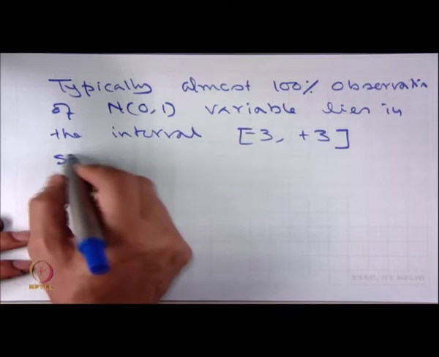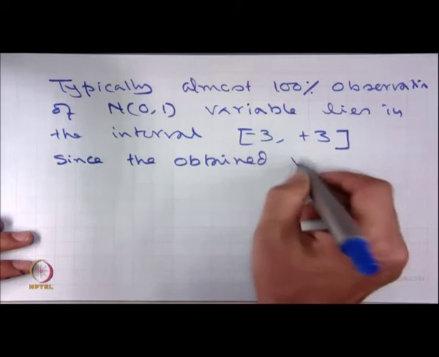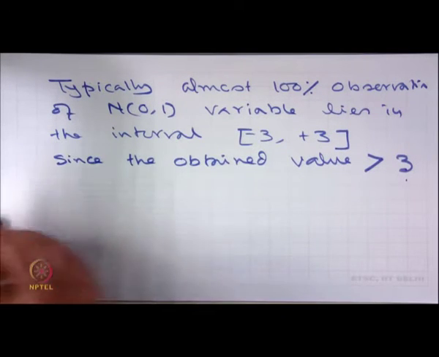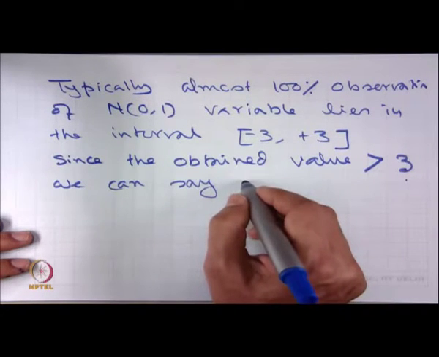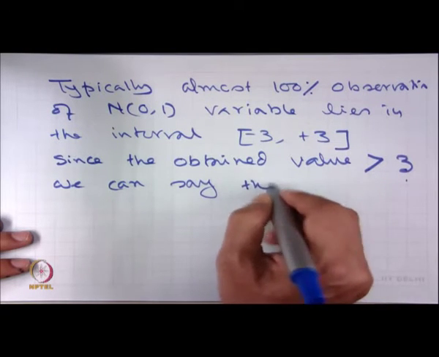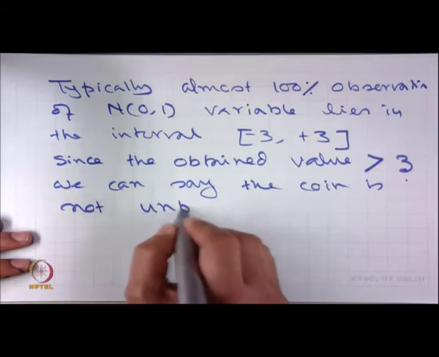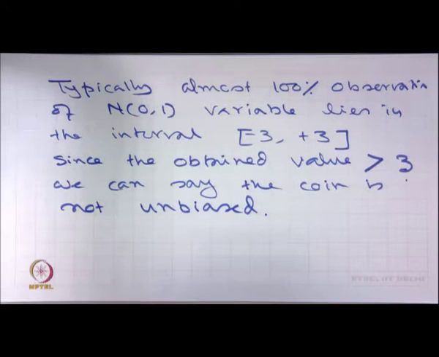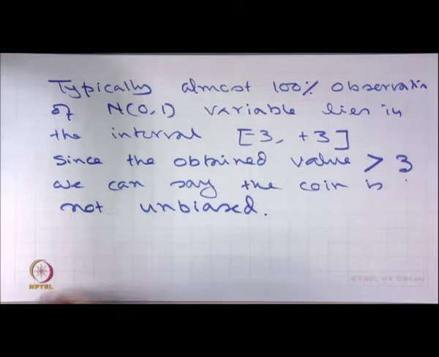Since the obtained value is much greater than 3, we can say the coin is not unbiased. If the coin were unbiased, then the value obtained should lie in the interval -3 to +3.